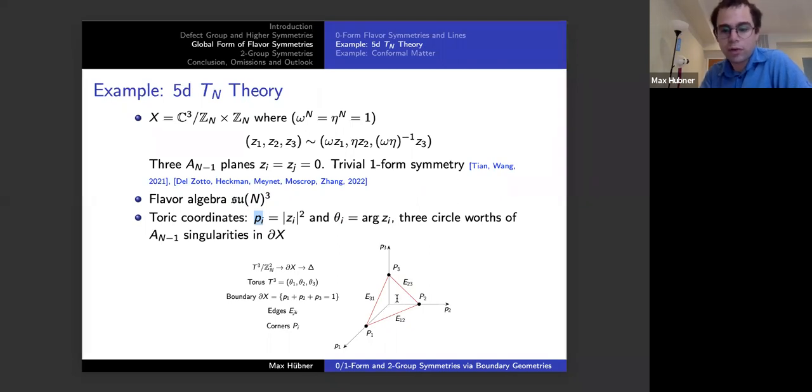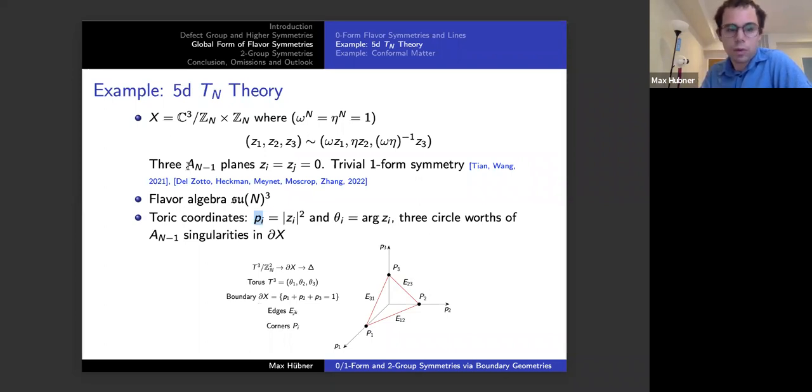The T3 fiber degenerates at the faces to a T2 fiber and at the edges to a circle fiber. Also, this gives us a very nice characterization of the boundary of C3, which is a 5-sphere, similarly in toric coordinates, and it's fibered by a T3 over this triangle here.